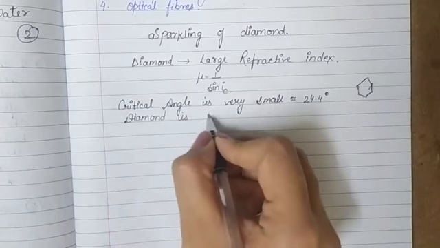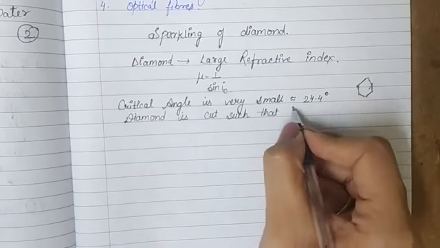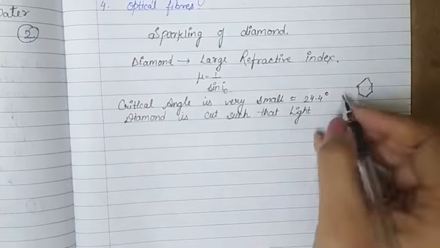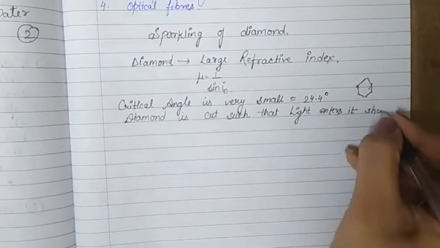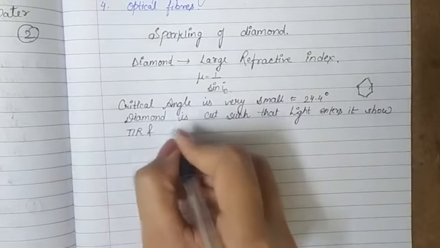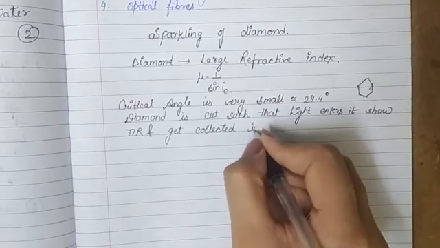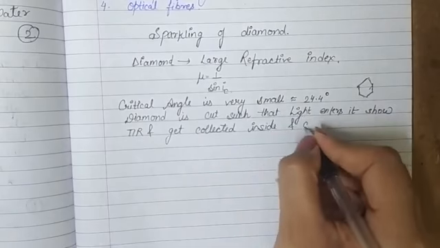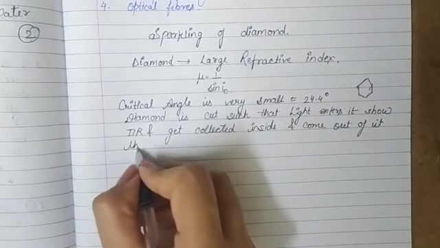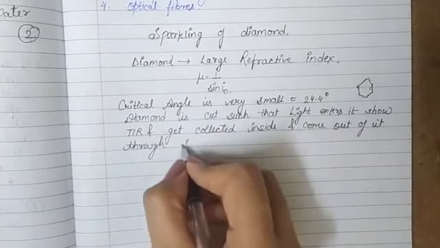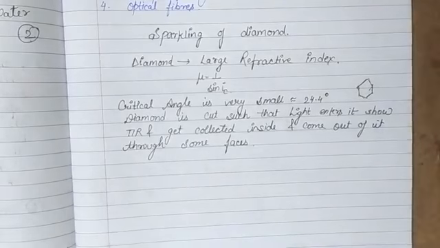So the reason is that diamond is cut such that light that enters it shows total internal reflection, gets collected inside, and comes out through some faces, not from all the faces, and because of that it appears lustrous to us.